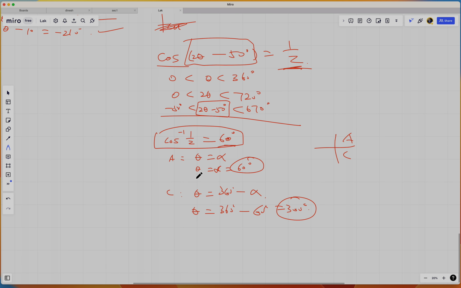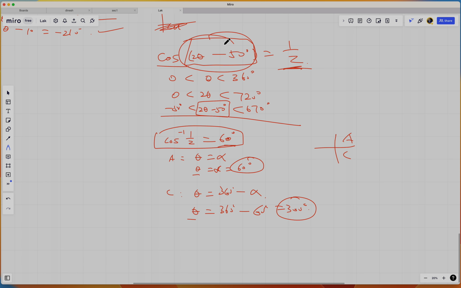But our formula theta, right? Somehow we just use the formula just for our understanding. You don't assume that your theta here is 60, that's why theta is 60. No. Your cosine inverse half equals 60, and it's actually for 2 theta minus 50. So basically what I want you to do is see this as a block.